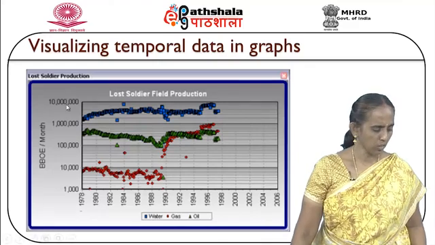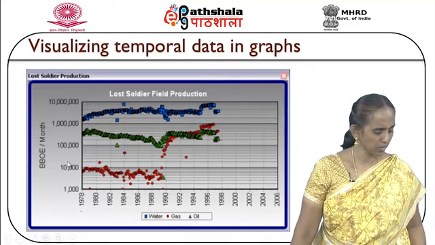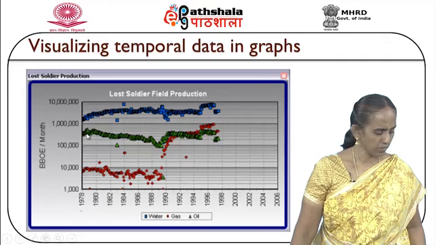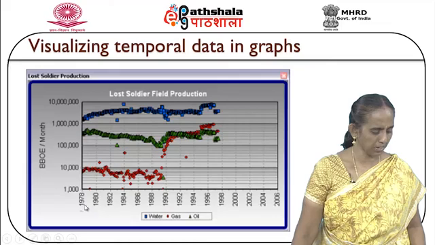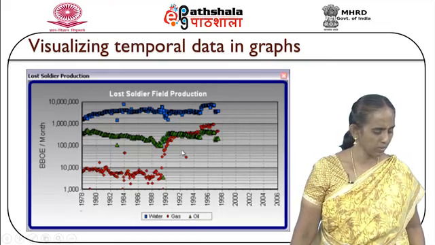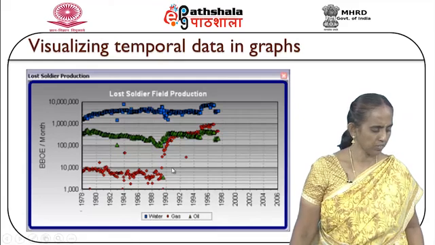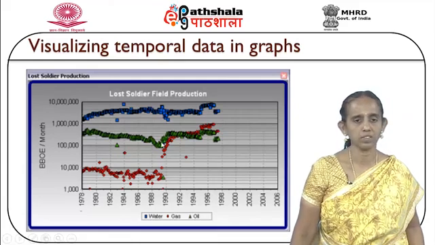So we have the Lost Soldier field production, we have the time series, the time starting from the left hand side to the right hand side from 1978 to 2006, and we have the water, gas and oil, which are represented as 3 individual lines here.